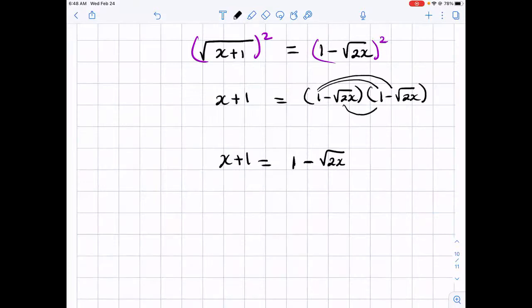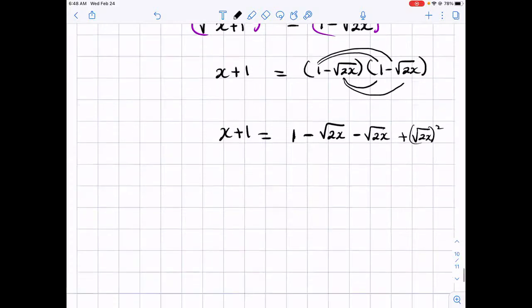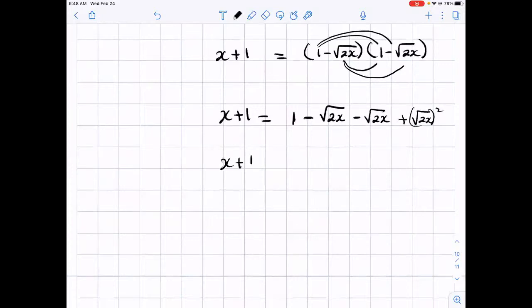Then the square root of 2x times 1 will be minus the square root of 2x. And then the square root of 2x times the square root of 2x will give me plus the square root of 2x, everything squared. So we have x plus 1 is equal to 1. These are like terms, so it becomes minus 2 square root of 2x. And then the square here will cancel with the square root, so plus 2x.